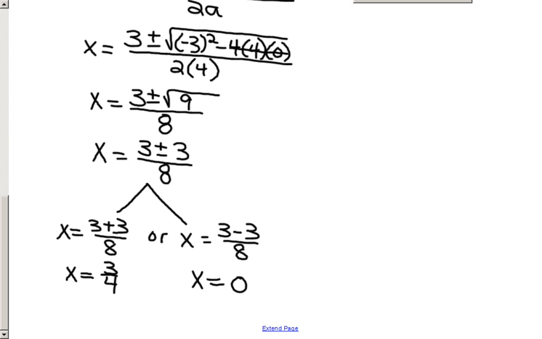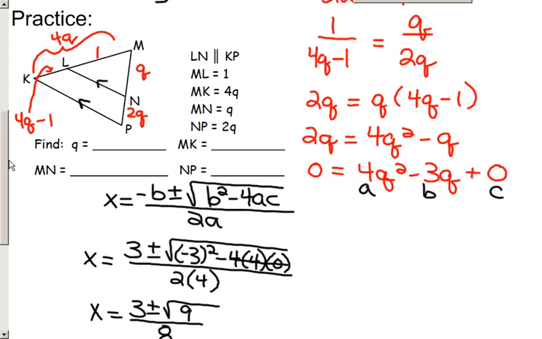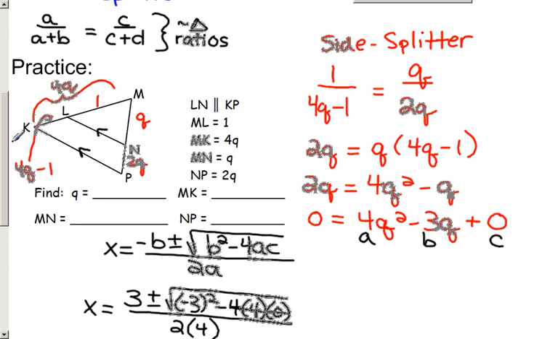So now that we know our two values are 3/4 and 0, if we plug those values back in, if Q were 0, then that would make some of the sides 0, so we won't acknowledge that as a solution. We'll just use Q equals 3/4.